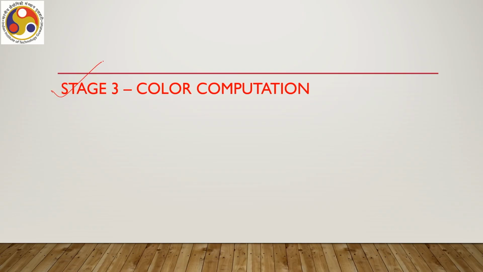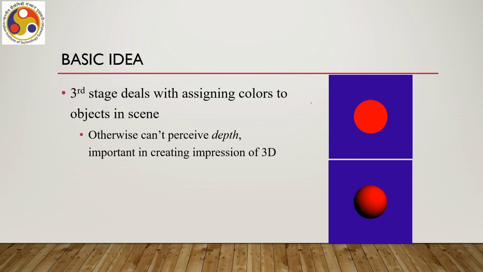Let us talk about stage 3, that is color computation. In the third stage, we try to assign colors to the objects in the scene. If a color is not assigned, then we will not be able to perceive depth, which will affect our perception of the 3D scene.